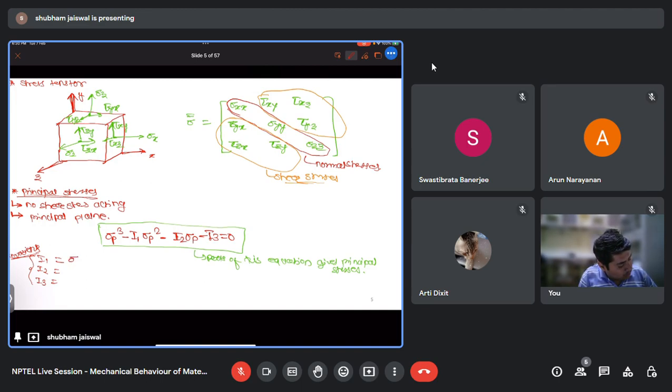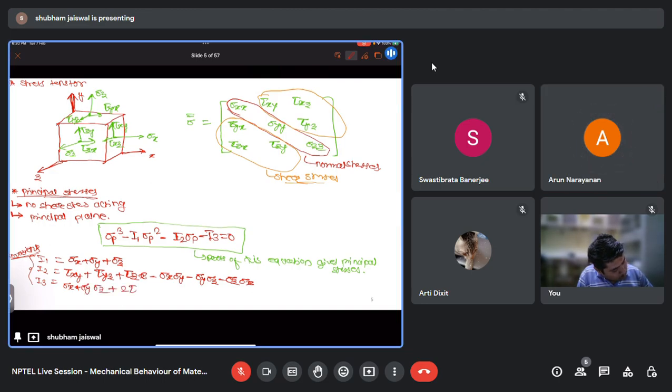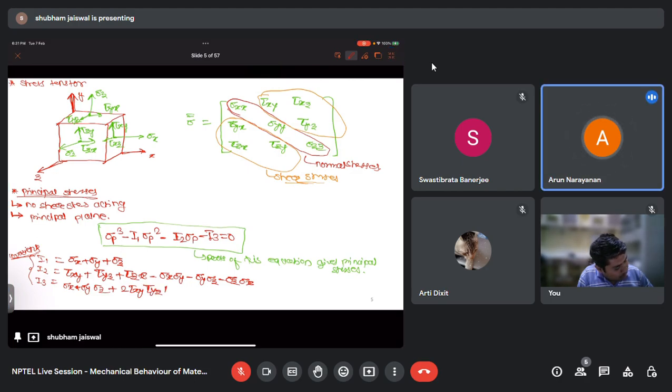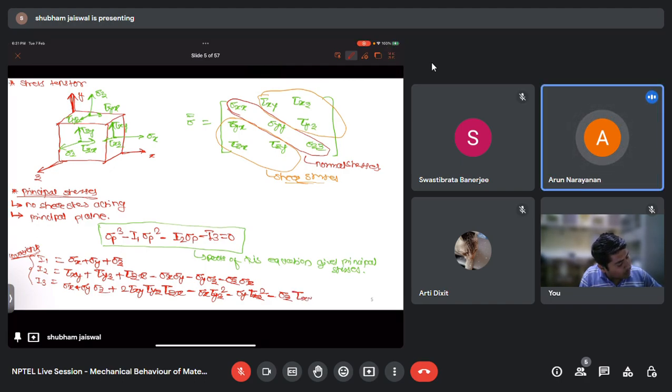So I1 is given by sigma x plus sigma y plus sigma z, where I2 is tau xy square plus tau yz square plus tau zx square minus sigma x sigma y minus sigma y sigma z minus sigma z sigma x, and I3 is given as sigma x sigma y sigma z plus 2 tau xy tau yz tau zx minus sigma x tau yz square minus sigma y tau zx square minus sigma z tau xy square.